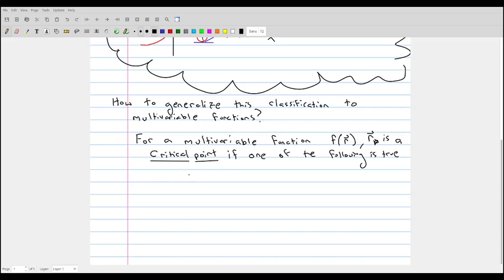And the first case is very similar to the first case in the 1D case.